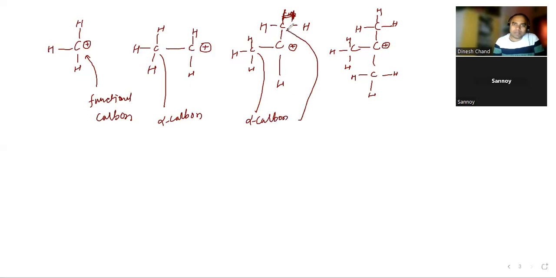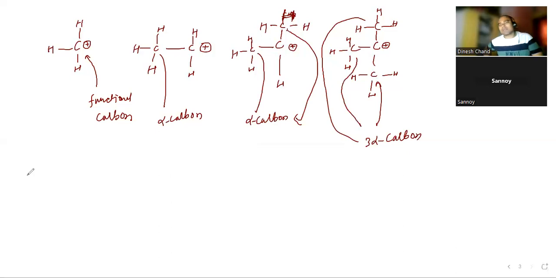Here, this one is called the alpha carbon. How many alpha carbons are there? Can you count? 1, 2, and this is 3 alpha carbons. The carbon attached to the functional group is called the alpha carbon.